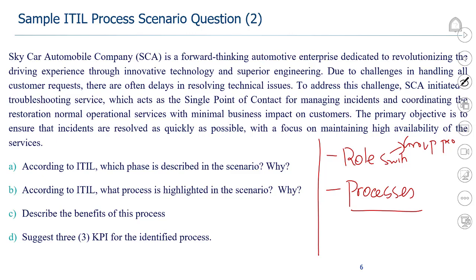So that is correct. Your service desk is an example of a role. Your database management team, for example, is a function or a role. Your network team, for example, is a technical team. Within the technical, you won't find an organization just having a technical team. They'll have different technical teams with different names.